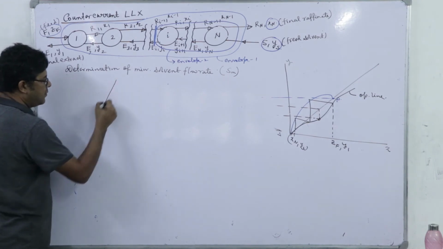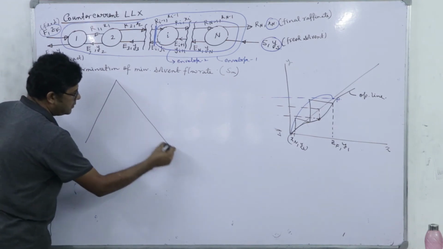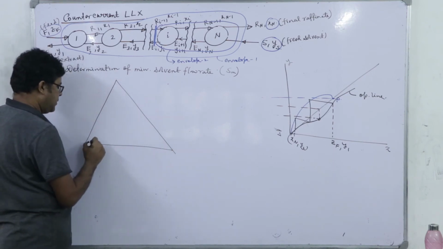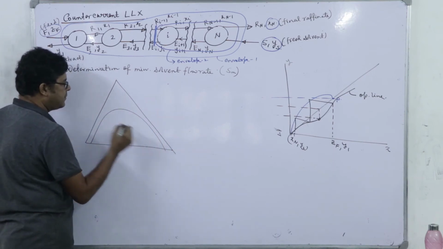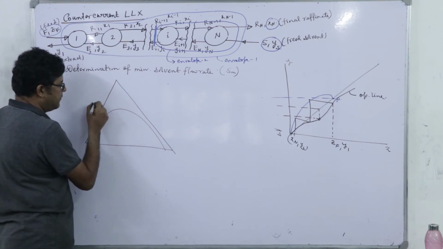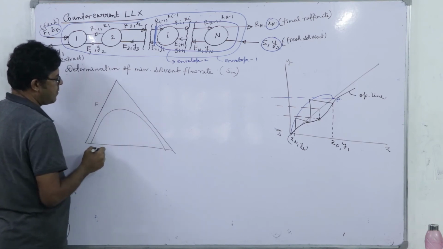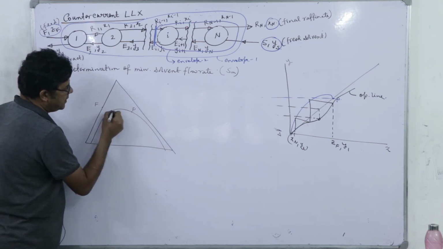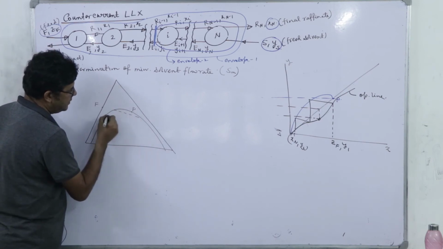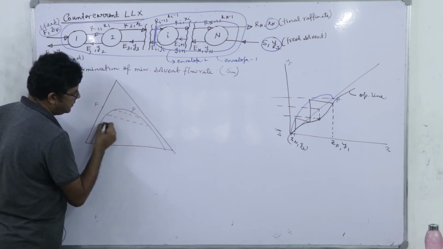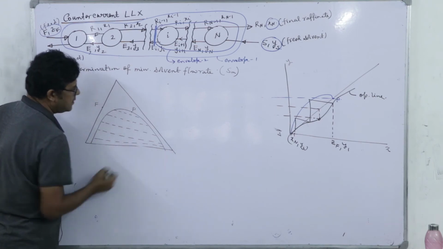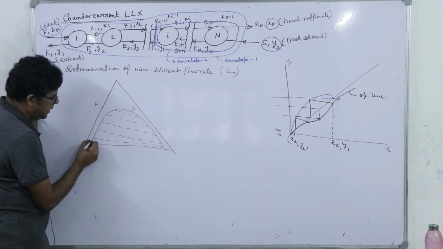So, how to determine the minimum solvent flow rate? Again draw the triangular diagram, the binodal solubility curve. You can locate the point F. And let us say the plate point is here. The tie lines are inclined like this. Now locate the point R_N.